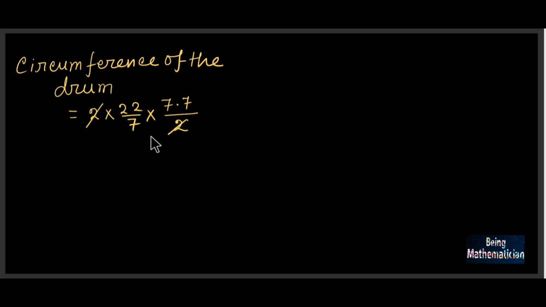Now 2 and 2 cancel out, and 7 is 1.1. So it is 22 into 1.1. We leave this result like this.